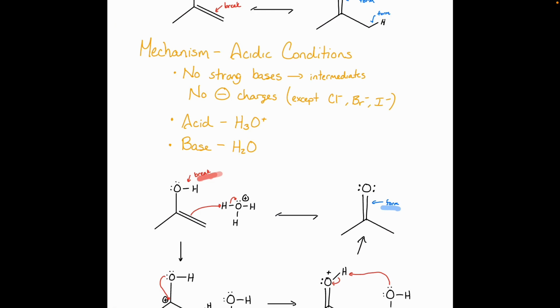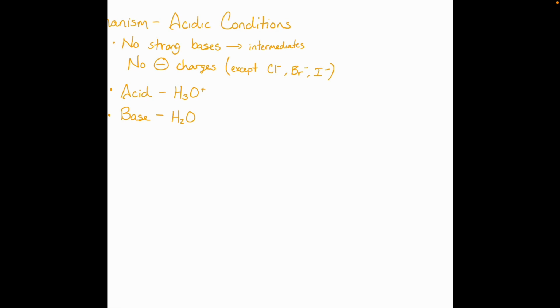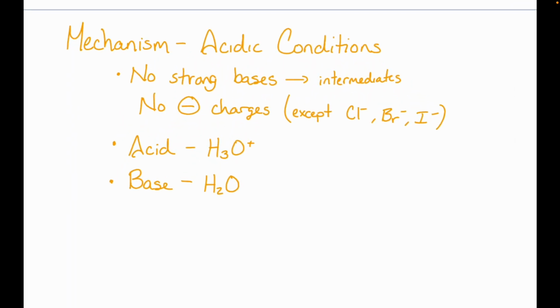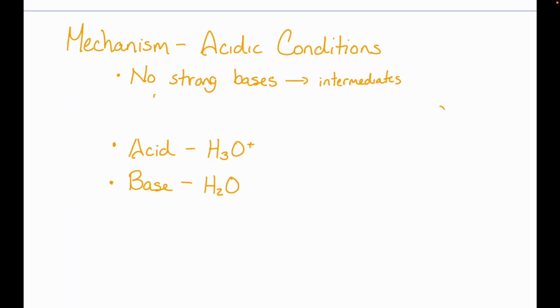All right, so let's just talk about the flip side here. If we have a mechanism under basic conditions, if we have basic conditions, what isn't going to be allowed? Positive charge, but even more specific, right?